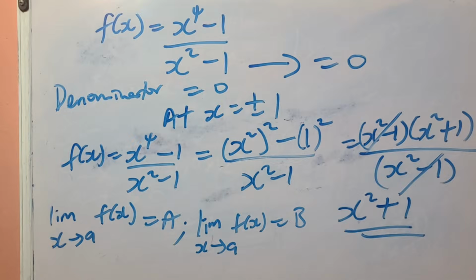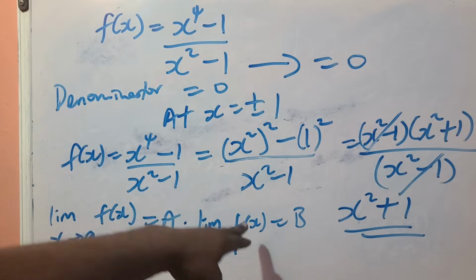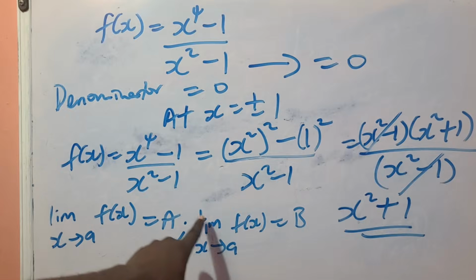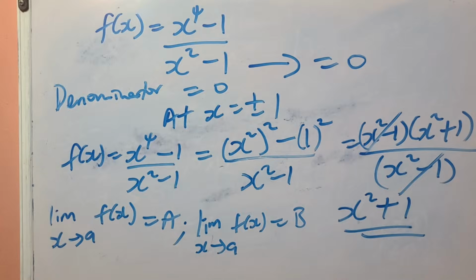I'm surprised anybody missed this question. You were told to talk about the relationship between a and b. So you had a function, you subjected it to the limit of x tending to a, and you produced the result a. You had the same function, you subjected it to x tending to a and it produced b. And it asked you what's the relation between a and b.